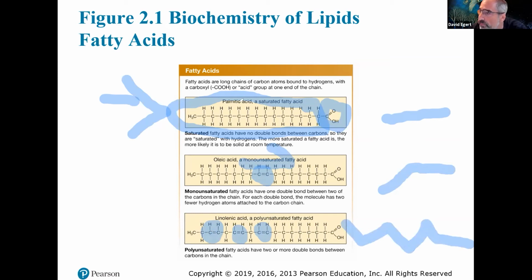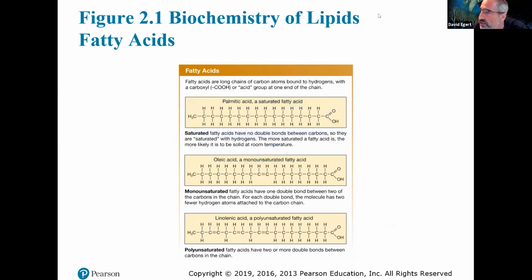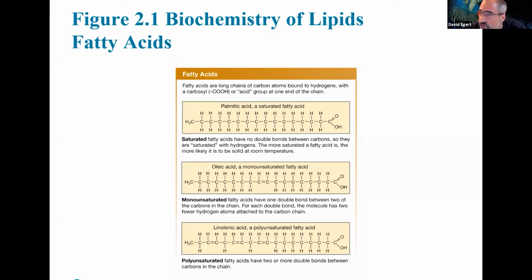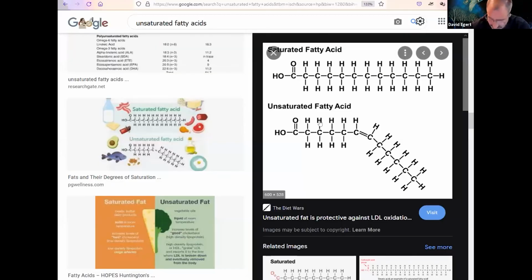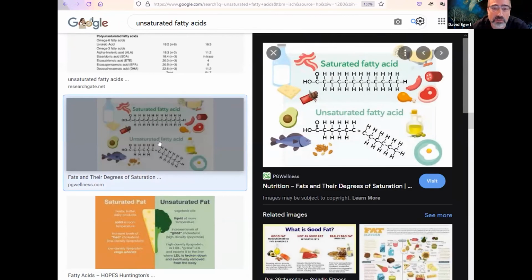In fact, let me go, if I share, right, this is just some stuff. If you look at Google unsaturated fats, this is more what I'm talking about.